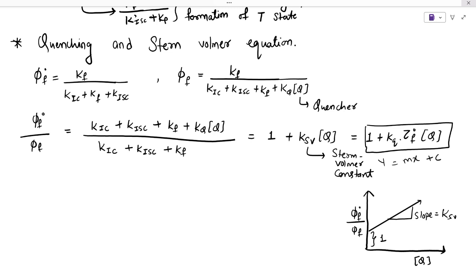Next, we move to the excimer, or excited state dimer. Suppose we have a substance A. When it combines with another A in the presence of light, after collision it forms one excited state molecule and one ground state molecule. Then both combine and form an excimer.